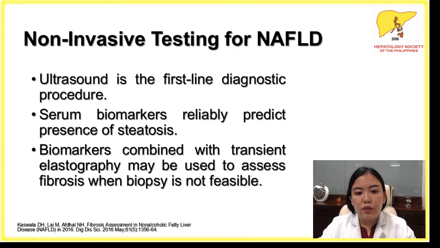In obese patients, an MRI may be more reliable should ultrasound be technically difficult. Serum biomarkers such as steatotest and fibrotest reliably predict the presence of, but not the severity of, steatosis. When biopsy is not feasible, biomarkers combined with transient elastography is a reasonable option.